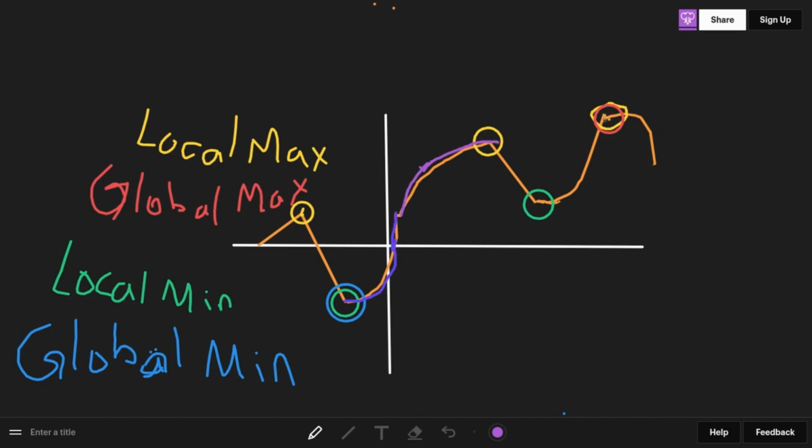Similarly, this part is also concave down, because you can trace an upside down cup or an upside down U, and this portion is concave up.